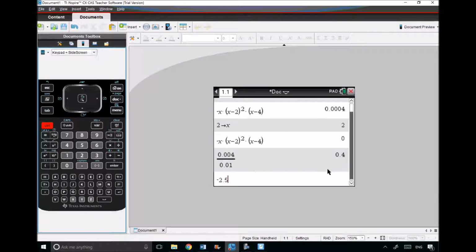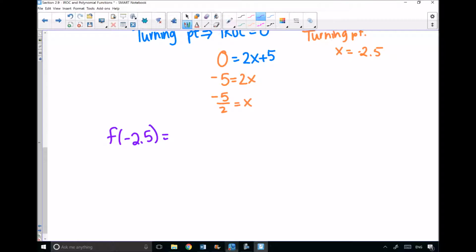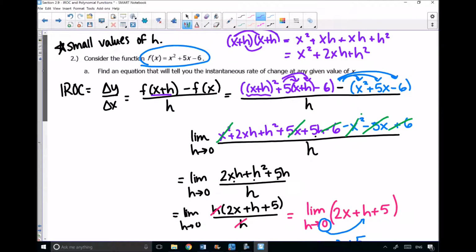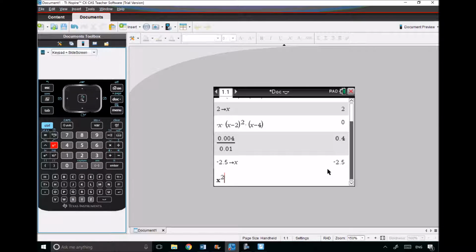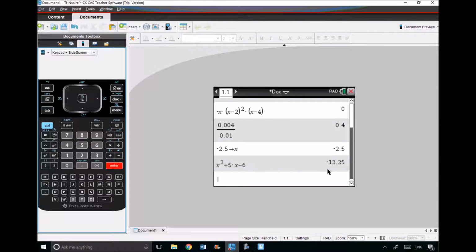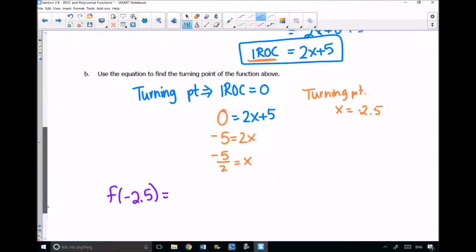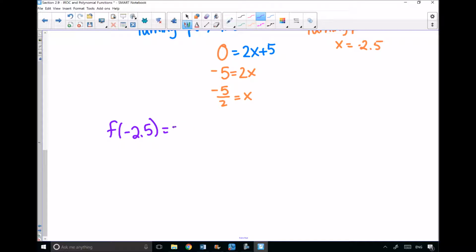So negative 2.5, store it in as x, and then my function says x squared plus 5x minus 6, so I'm going to type in x squared plus 5x minus 6, press enter, and I end up getting negative 12.25. So therefore my point is going to be negative 2.5, negative 12.25. So this right here is going to be my turning point.